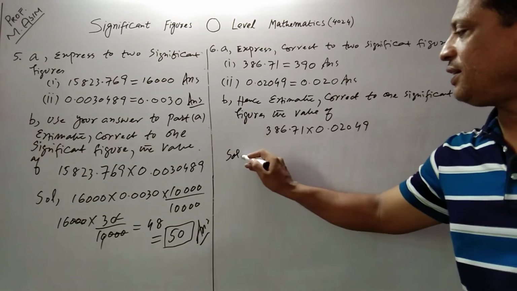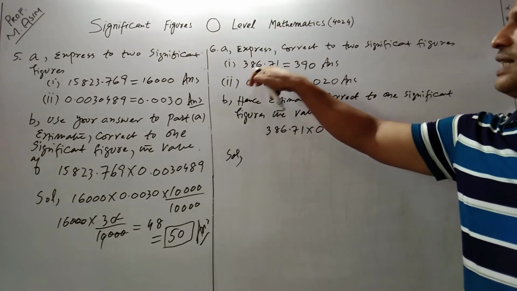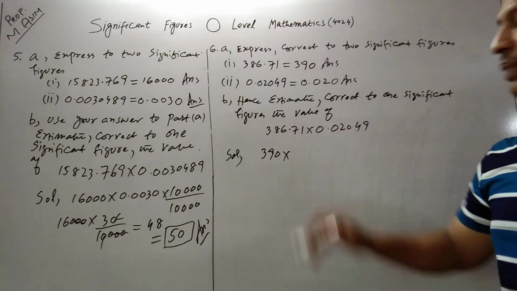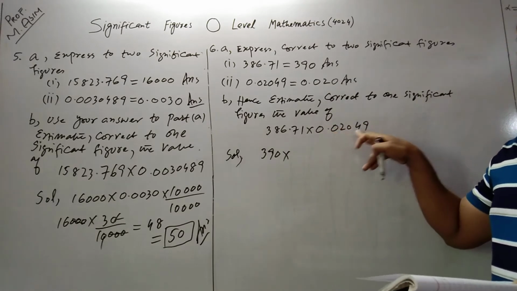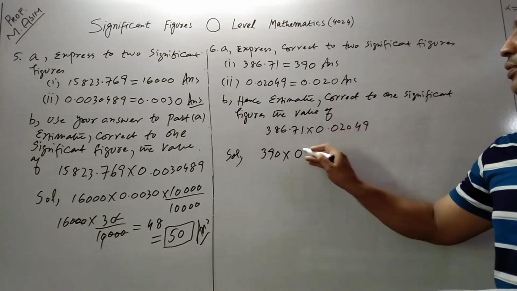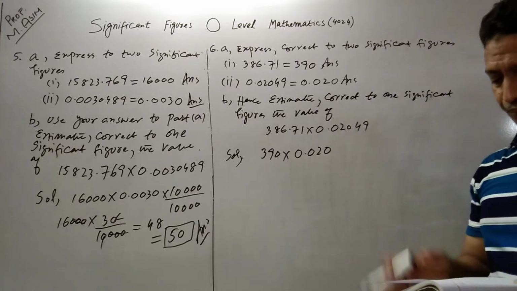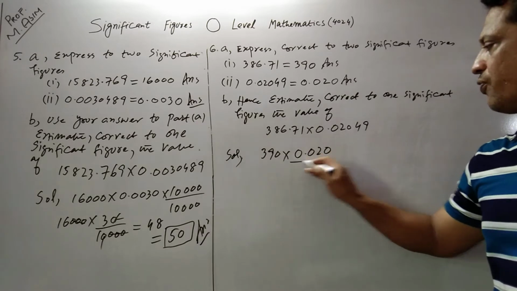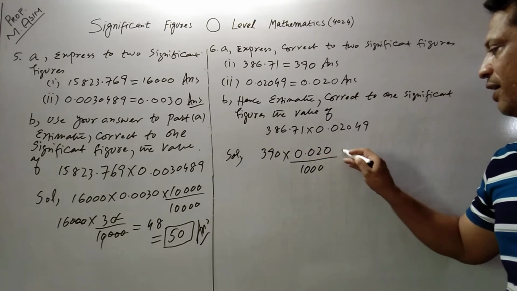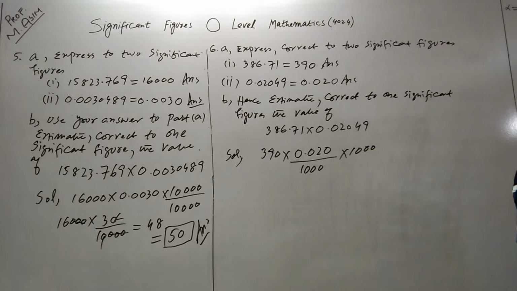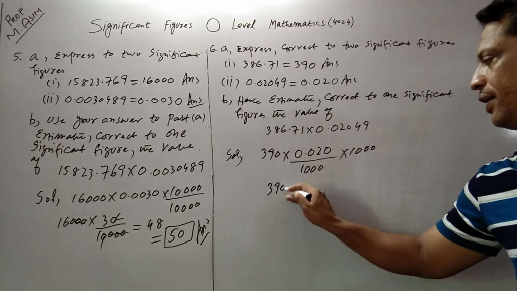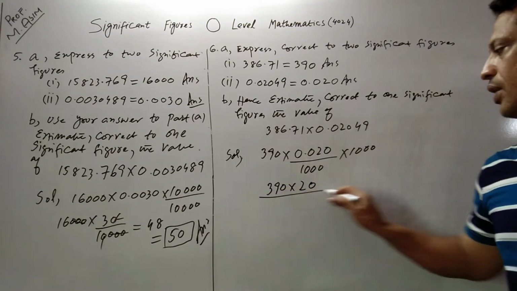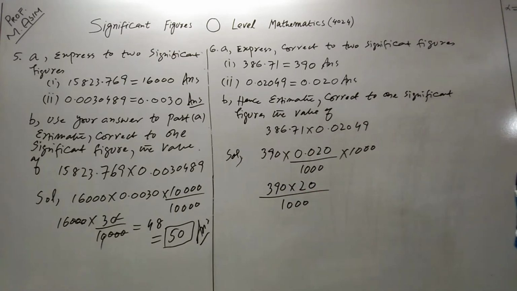What we have done in part A: 386.71 converted into 390. So this is 390 multiplied by 0.02049, converted to 0.020. Now see, this is correct to 3 decimal places. So we must multiply and divide by 1000. So this is 390 times 0.020 multiplied by 1000 is 20, upon 1000.